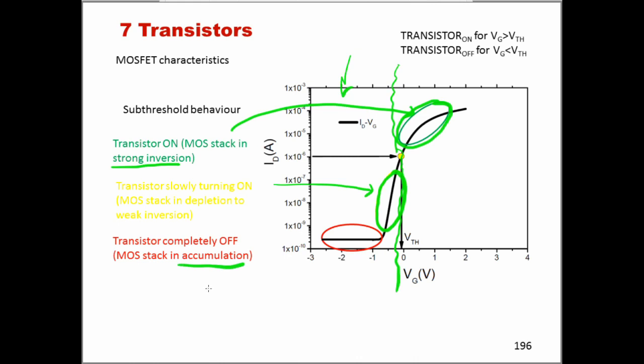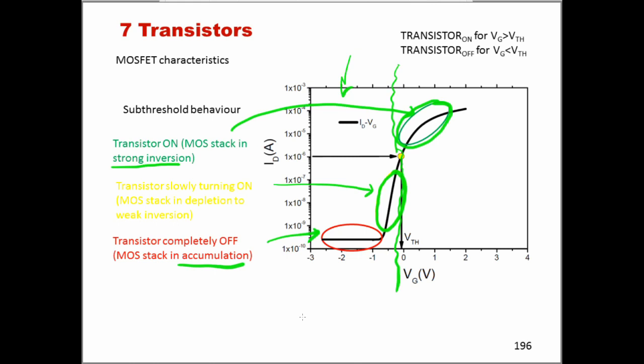When we are in accumulation, it means that at the interface with the oxide we now have holes, positive carriers. And so the N channel is destroyed, and we should not have any current passing through. Due to leakage, impurities and defects, there is always a little bit of current, and that's what we see here.